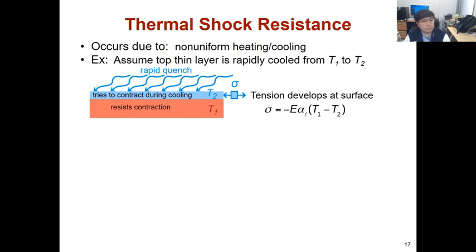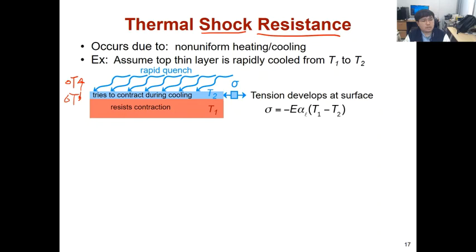But thermal shock resistance also has a similar concept. Thermal shock occurs in a non-uniform heating or cooling state. If we increase the temperature slowly or cool down the temperature very slowly, at that time there is no thermal shock.